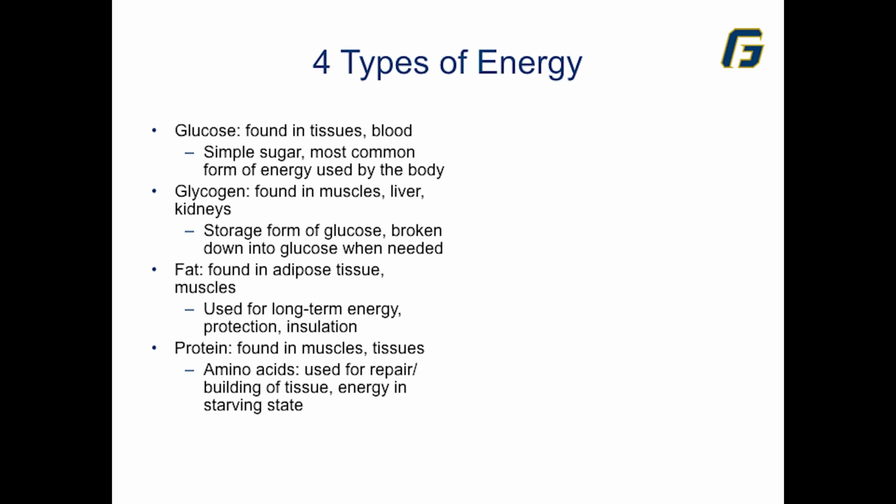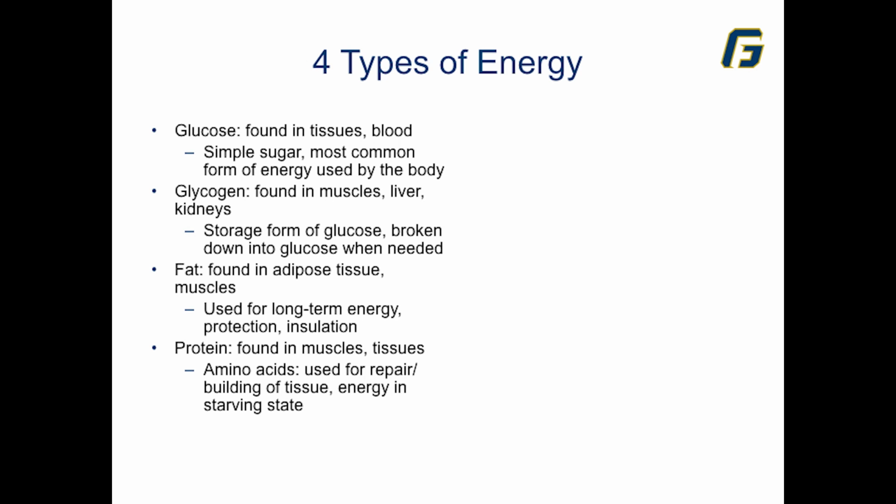Glycogen is essentially individual glucose molecules all strung together. So it's those individual sugar molecules called glucose, but now they're in a long chain. We find this glucose stored together as glycogen, found within the liver, we find it in muscle cells, and we find some in the kidneys as well.